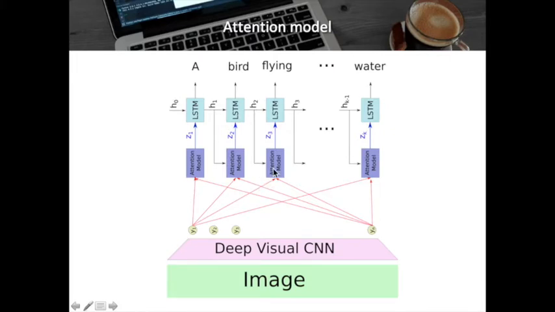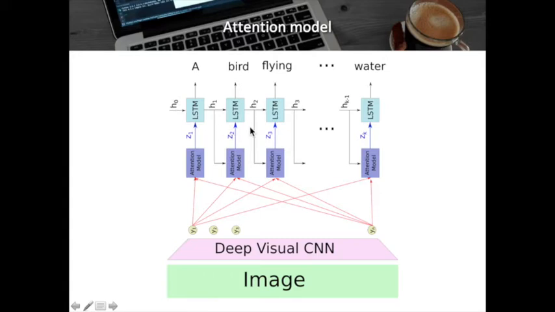And now we can have a look at what is going on in case that we want to predict a new word of the caption. So what happens is that if we have already predicted up to the ith word, then the hidden state of the LSTM model here would be HI. Okay, so that makes sense.